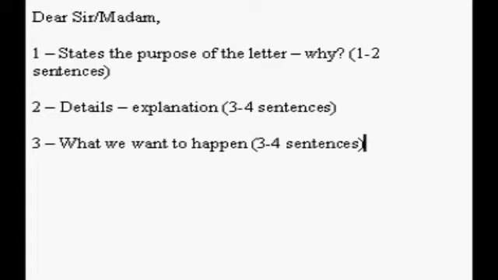Basically, I am writing you this letter because this is what's happened. Now in number 2, we're going to give the details. So perhaps we would say we have 10 library books that are overdue or going to be overdue very soon, and I'm not going to be able to get these books to you on time.